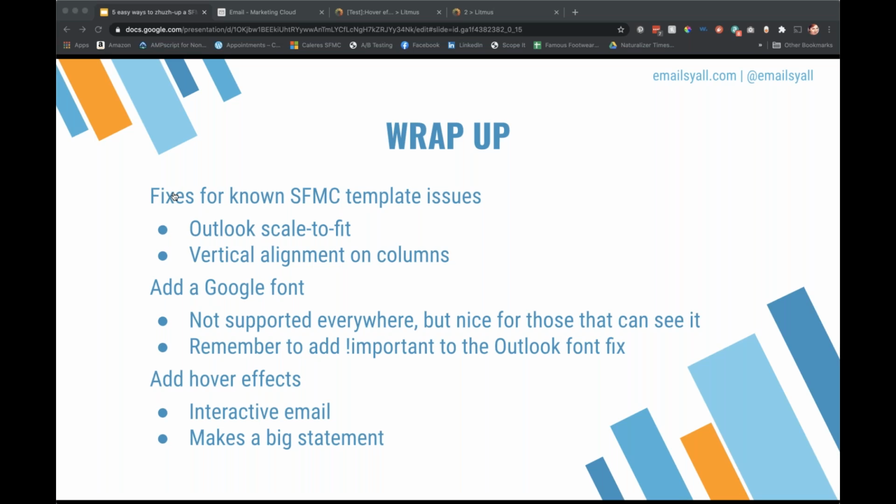We also learned how to add a custom font, in this case, the Google font, and that they're not supported everywhere, but it's nice to do it for those people who can see it. You also want to remember to put that important on the Outlook font fix to make sure that your text does not turn to Times New Roman when you're using a custom font.